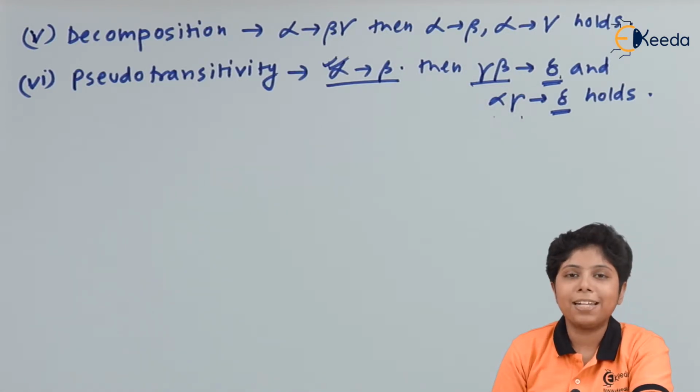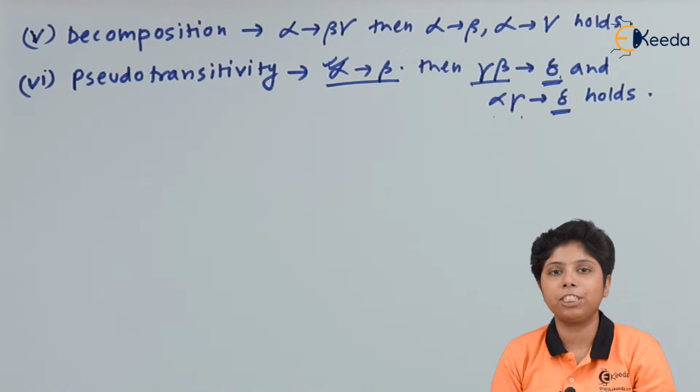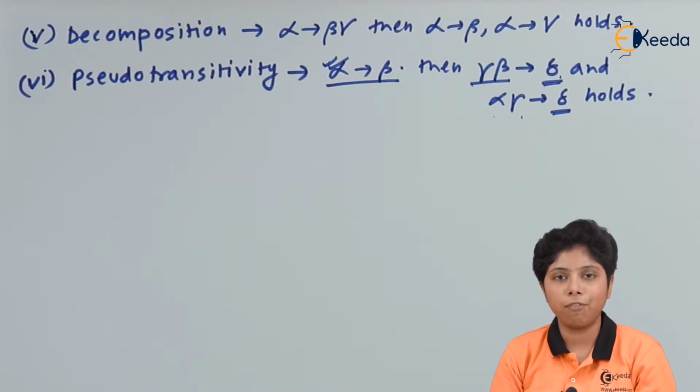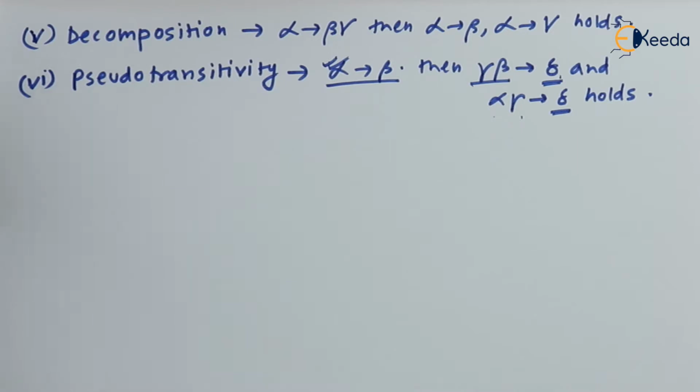Now let us apply Armstrong's axioms in our example, where we had the functional dependencies on a set of attributes A, C, G, H, I. We have already shown how the transitivity rule applies to the functional dependencies to give a logical implication on a closure of F, that is F plus. Now let's look at this.